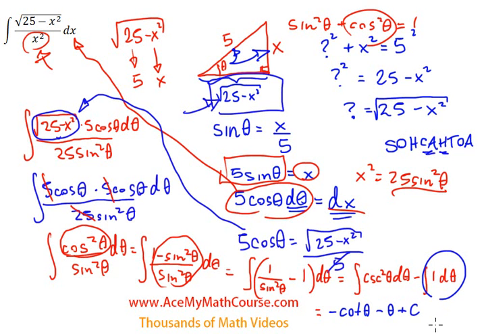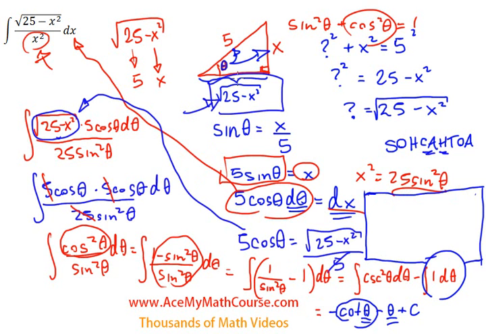Are we done at this point though? No, we're not. And why is that? Well, because we have everything in terms of theta, but we want the answer in terms of x. So, cotangent of theta.